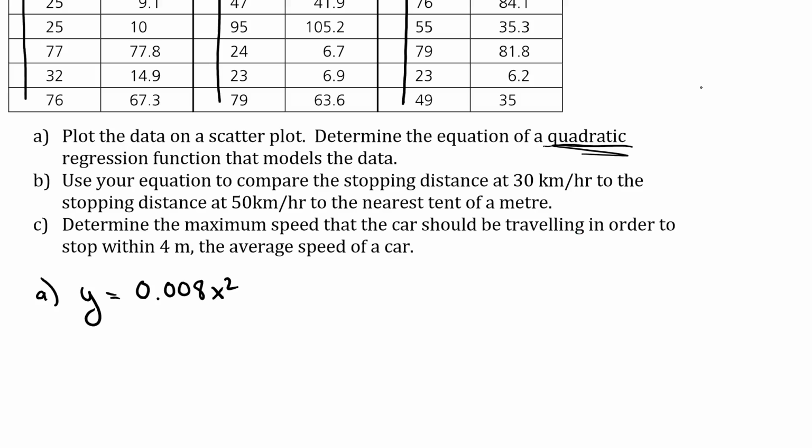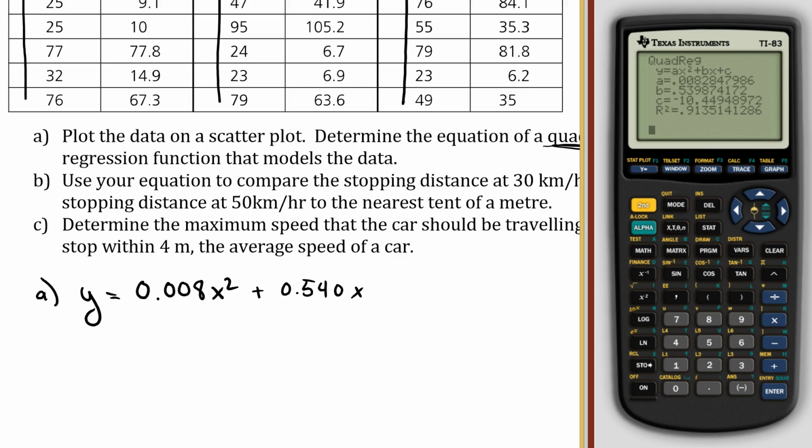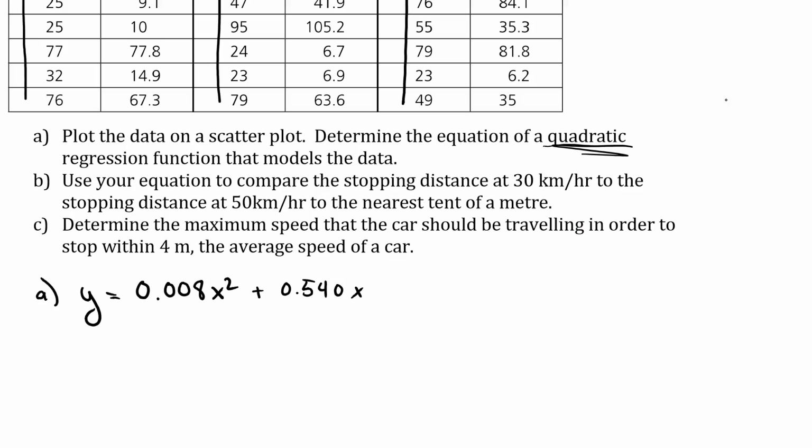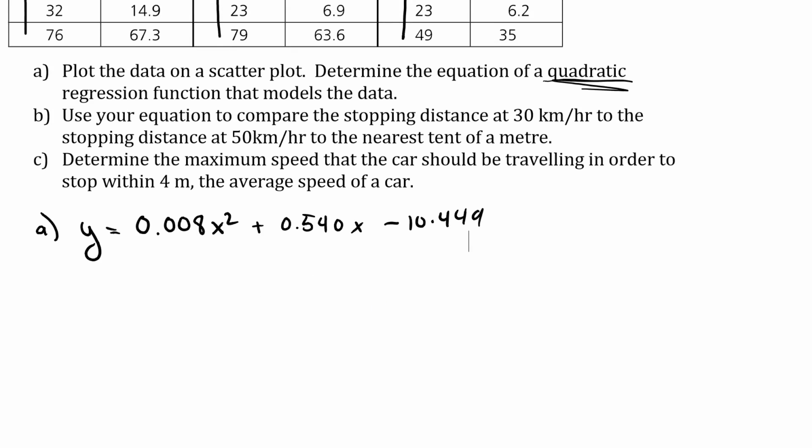You need to have all 3 decimals for that. Plus 0.540x minus 10.449, and we don't have to round up because that next digit is 4. So minus 10.449. That's the answer to A. A lot of work doing that.